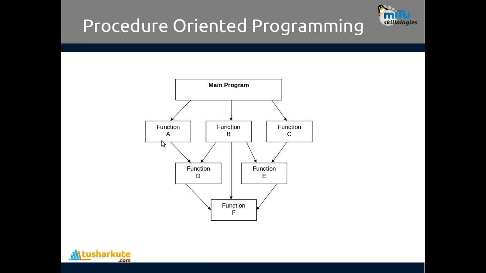It will be called by its name, the function's name. And we have a main function, and the main function calls all other functions. So generally C comes under this category. C only contains functions, and one function calls other functions and gets its task done. So procedure-oriented programming is completely based on procedures or functions as shown in the diagram here.